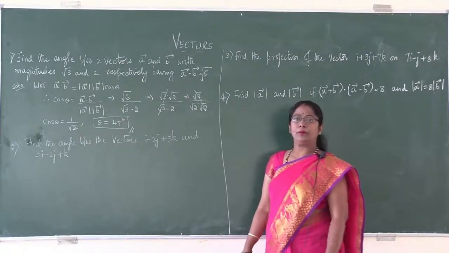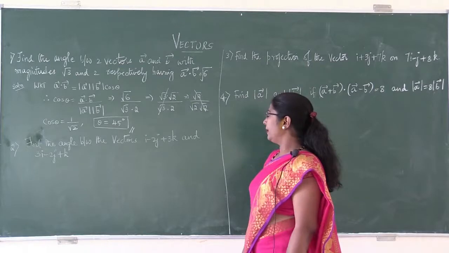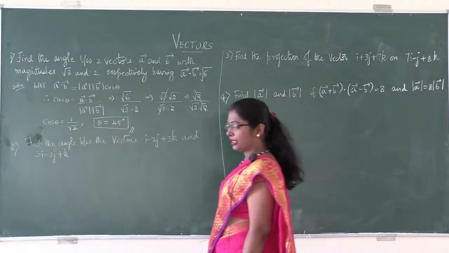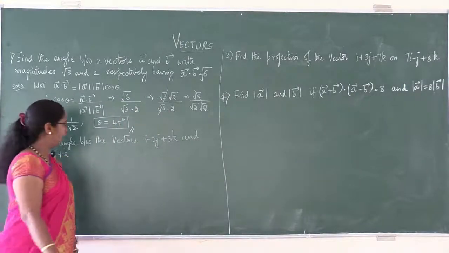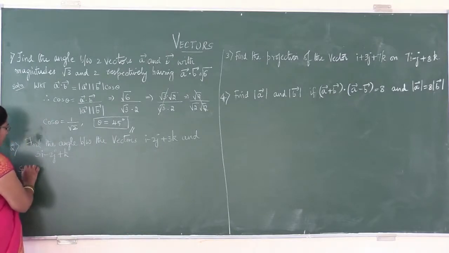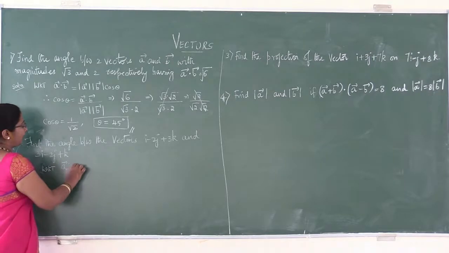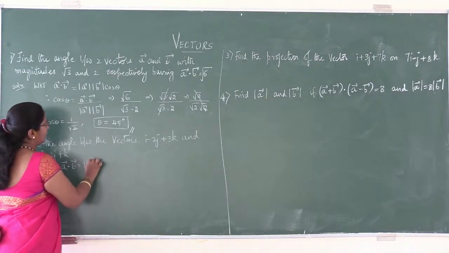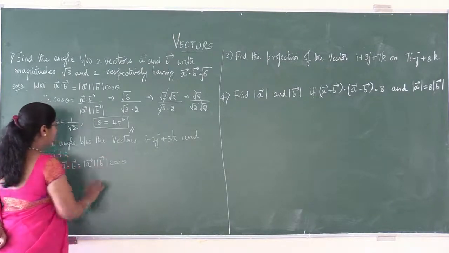Next, second problem. Find the angle between the vectors i minus 2j plus 3k and 3i minus 2j plus k. Find the angle, that is we are supposed to find cos theta. Now according to the definition, we know that vector A dot vector B is defined as magnitude of vector A, magnitude of vector B into cos theta.